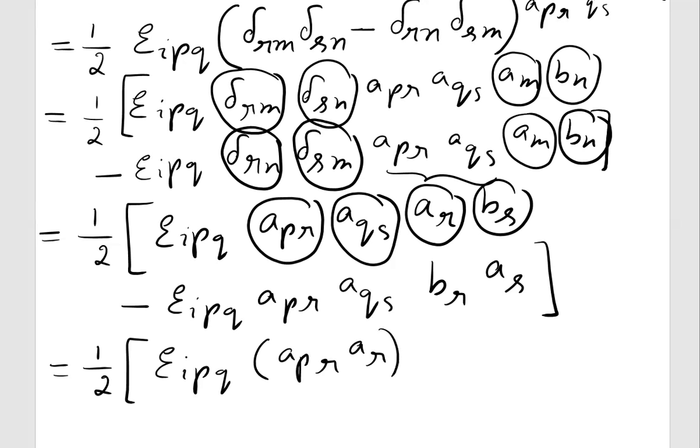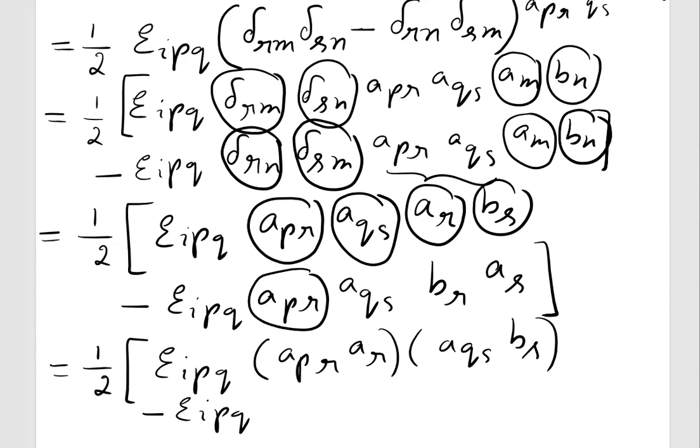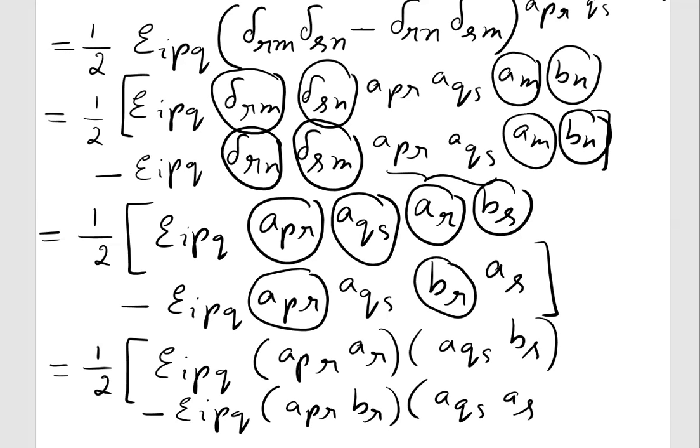We combine these two, then A_Q S and B_S will combine. Minus epsilon IPQ. Similarly, can you guess now? It is A_P R and B_R I can combine. Then we have A_Q S, A_S.